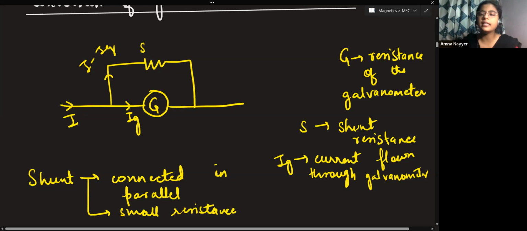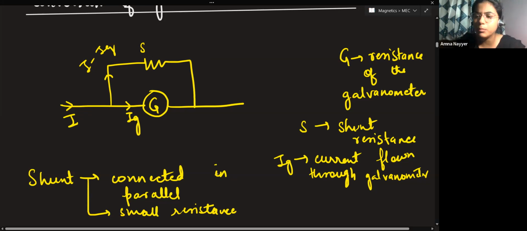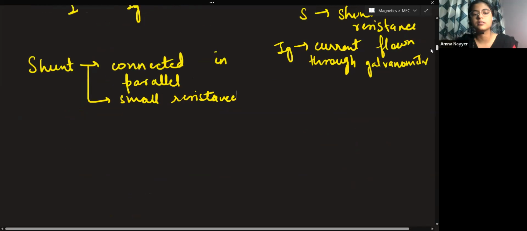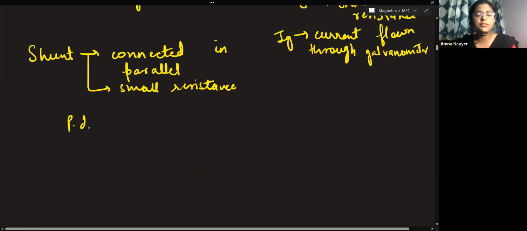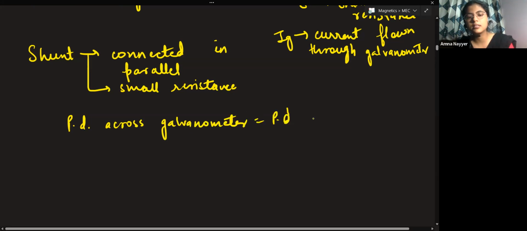Now, if it is connected in parallel, Atif, can you tell me which quantity will remain same for both the shunt and galvanometer? Voltage, that is the potential difference. So potential difference across galvanometer is equal to potential difference across shunt.